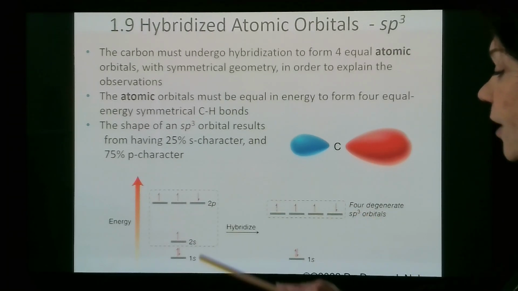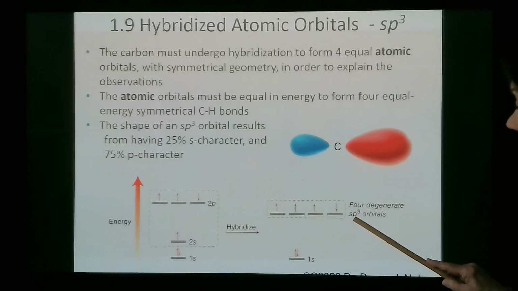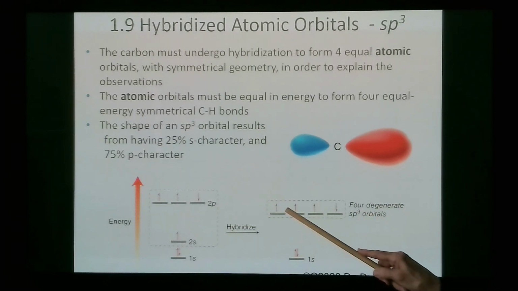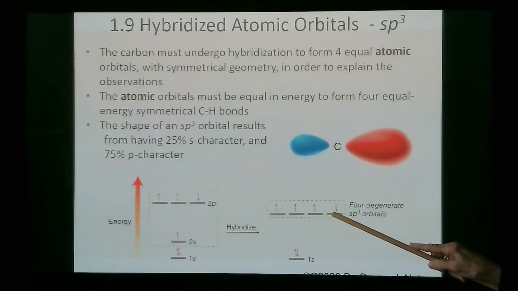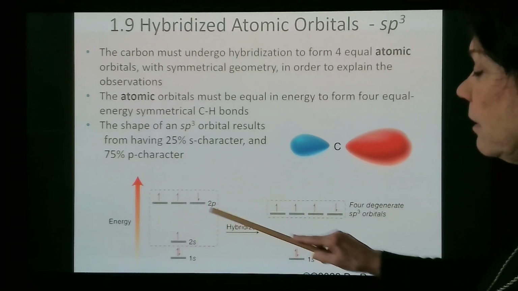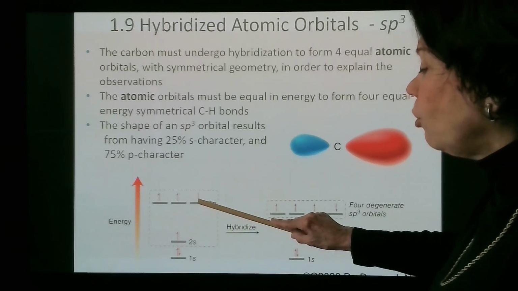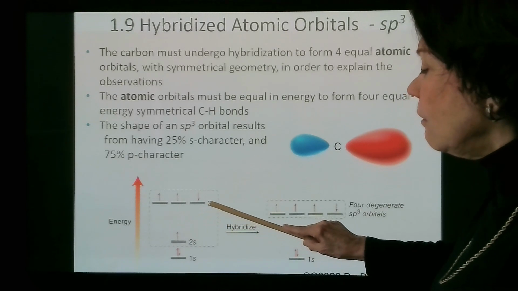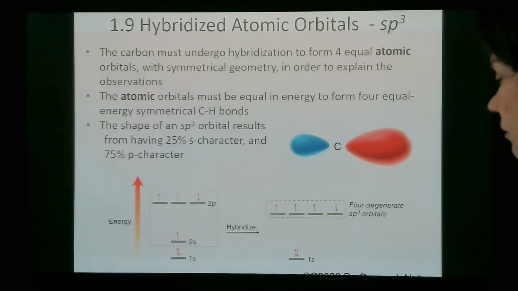They're called that because they are 1 part s and 3 parts p, and you can see that in sp3. And if you look at the energy of these orbitals, you'll see that they are 3/4 of the way up from the level of the s orbital and 1/4 of the way down from the energy level of the 2p orbitals.